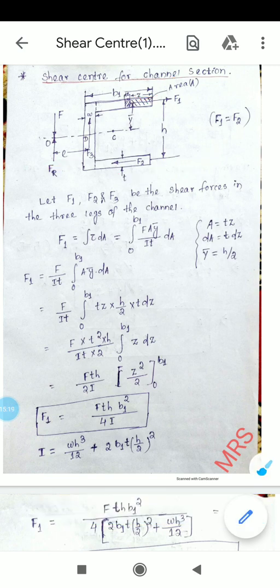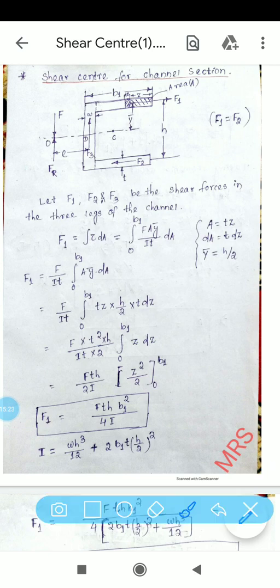In this case, the width of the upper flange is B1, and the thickness of the top flange and bottom flange is small t, and small w is the thickness of the web, and H is the distance from the upper to the lower flange, meaning from the center of the upper flange to the lower flange.